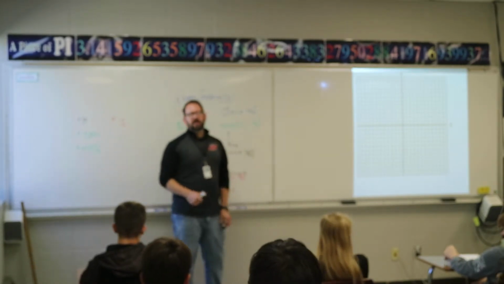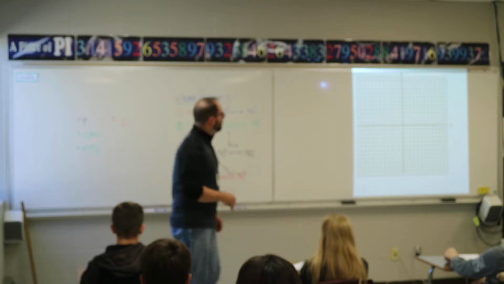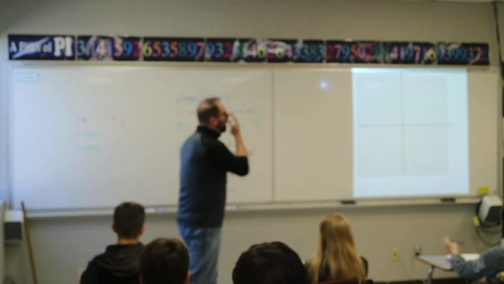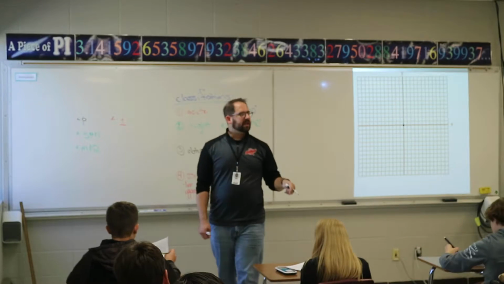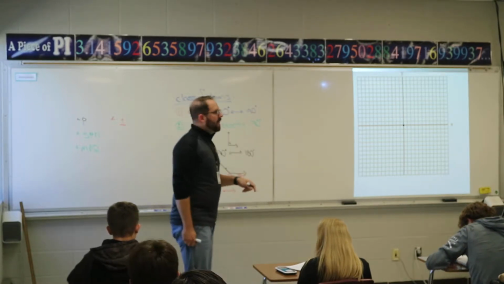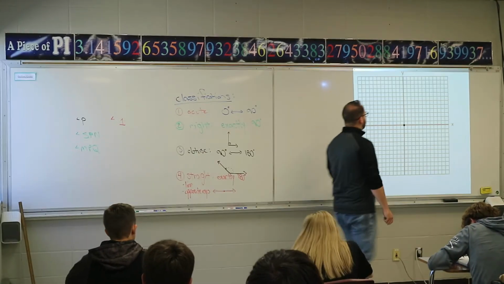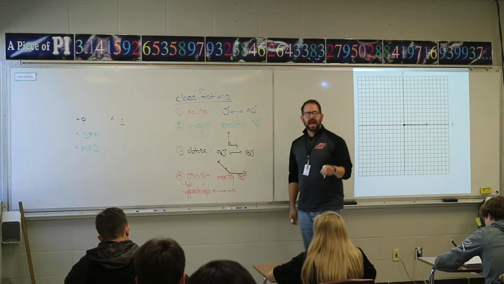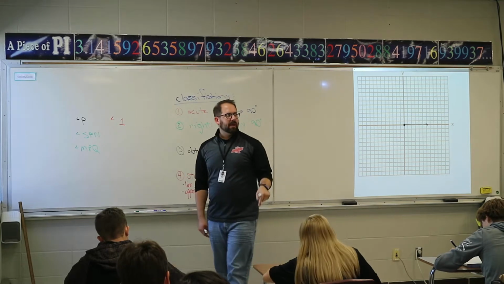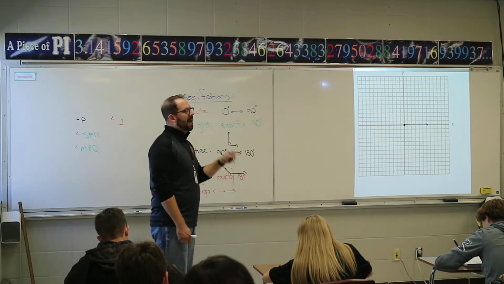All right, now here's the idea. What I'd like you to do is, if you have some graph paper left, or if you don't, just draw this mock picture. I want you to put the vertex right on the origin, like I just did, and draw your first ray going along the x-axis. This is how you're going to draw an angle every single time, whether the grid is behind it or not.